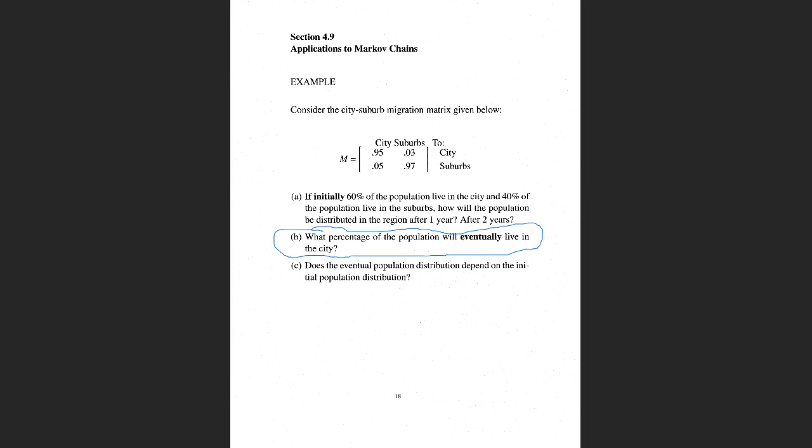After 1 year, after 2 years, there's migration in the population, and the percentages of people living in the city and the suburbs are changing. But eventually, the percentages of people living in the city and the suburbs are not going to change. When the community's new, there's a lot of migration, but eventually there's going to be stability.